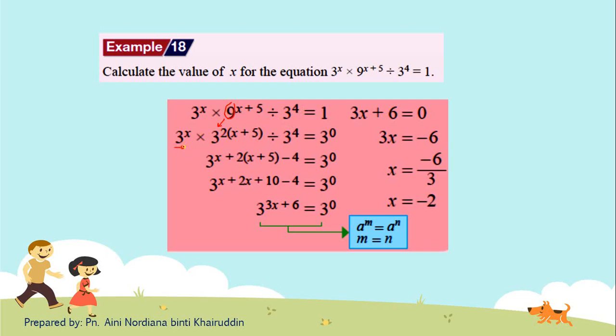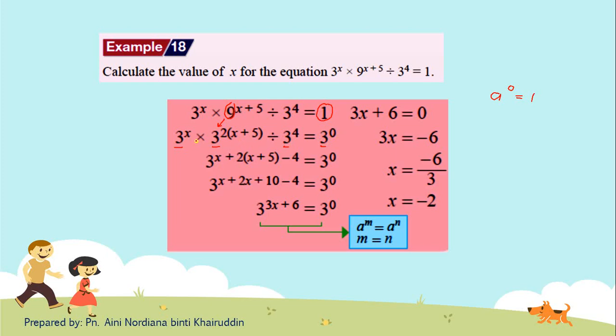We want the bases all to be the same, 3. So 1 here change to base 3. So 3 to the power of 0. Remember this, a to the power of 0 equals 1. So you can change 1 here to 3 to the power of 0.